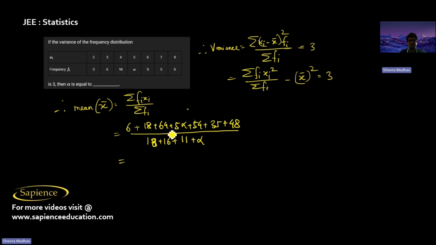So that will be equal to 18 plus 6, that is 24, plus 64, 54, 35, and 48.